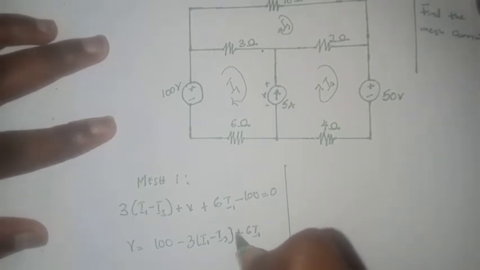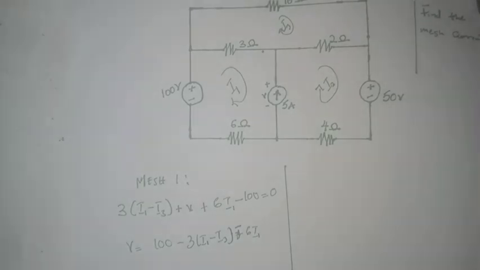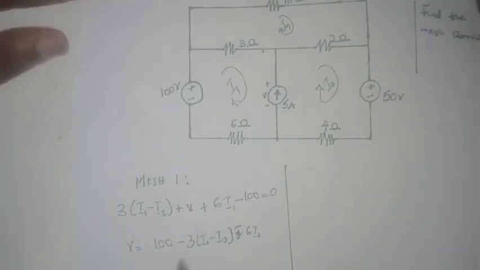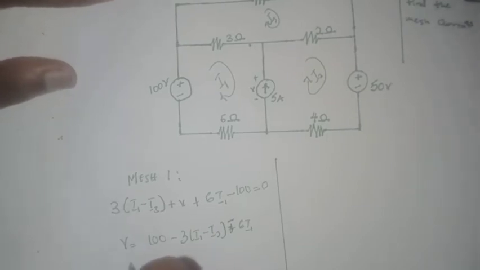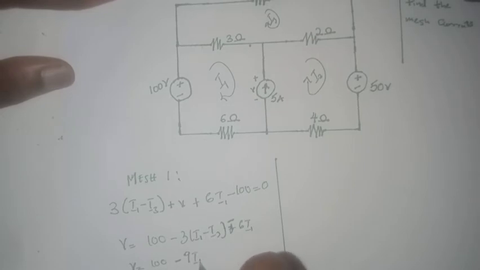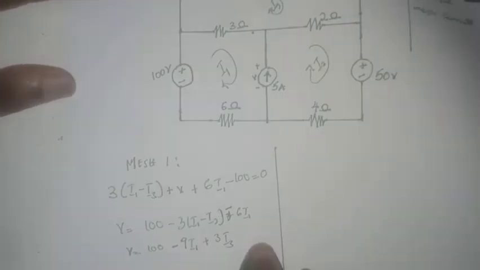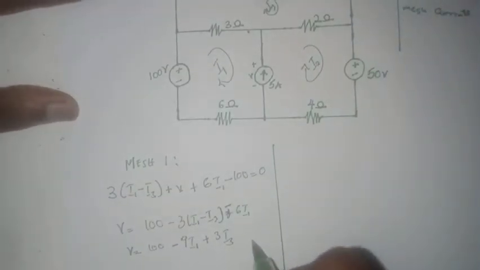Oh, sorry, minus 6I1. We can then simplify this further, and we would say that V is equal to 100 minus 9I1 plus 3I3. Let's call this our first equation.